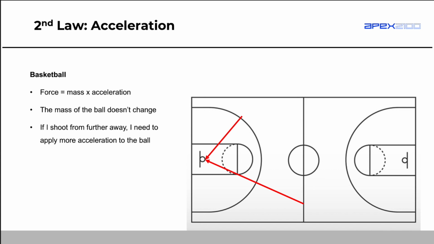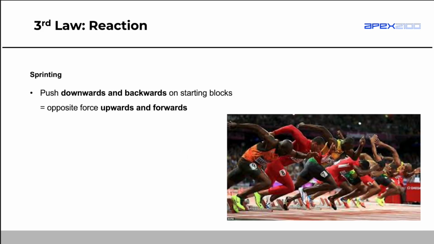So if I shoot from the 3-point line, and I've practiced it before, my body sort of knows how hard to push the ball, how much acceleration to apply to that ball. However, if I shoot from further away, I'm going to need to apply a little bit more acceleration to that ball for it to reach the goal. So super simple explanations here.